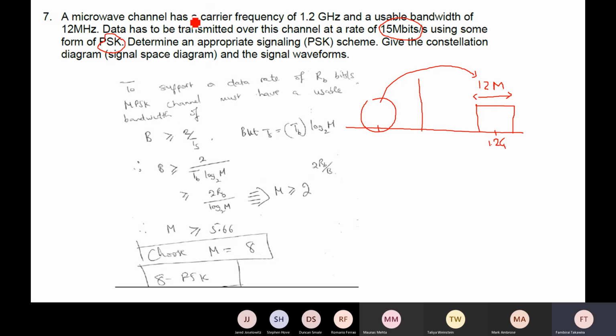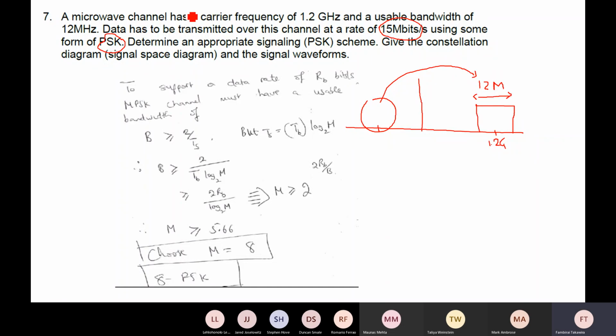Now, if we have a data rate of 15 megabits per second, if we were to use binary PSK, we would know that binary PSK requires a bandwidth which is twice the data rate.